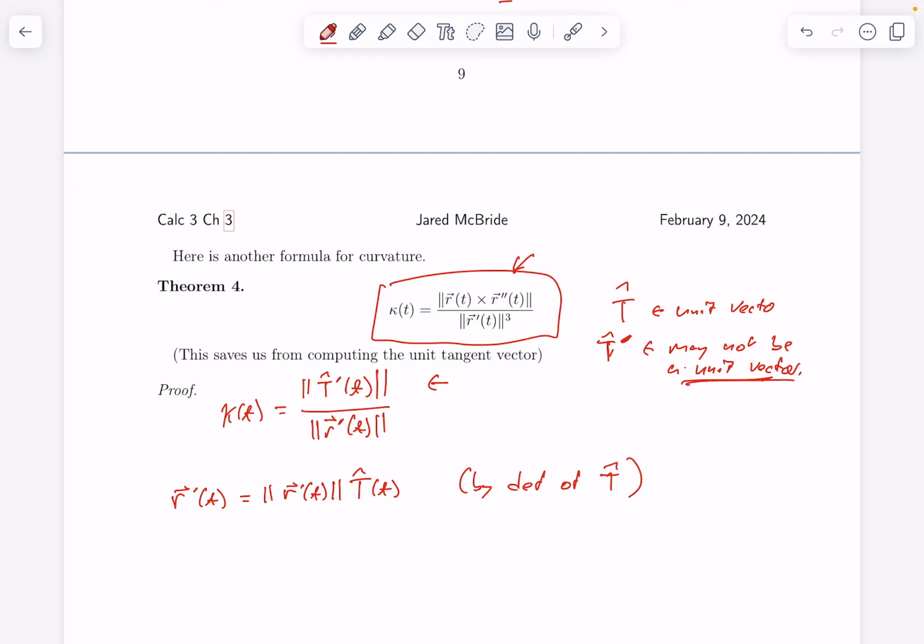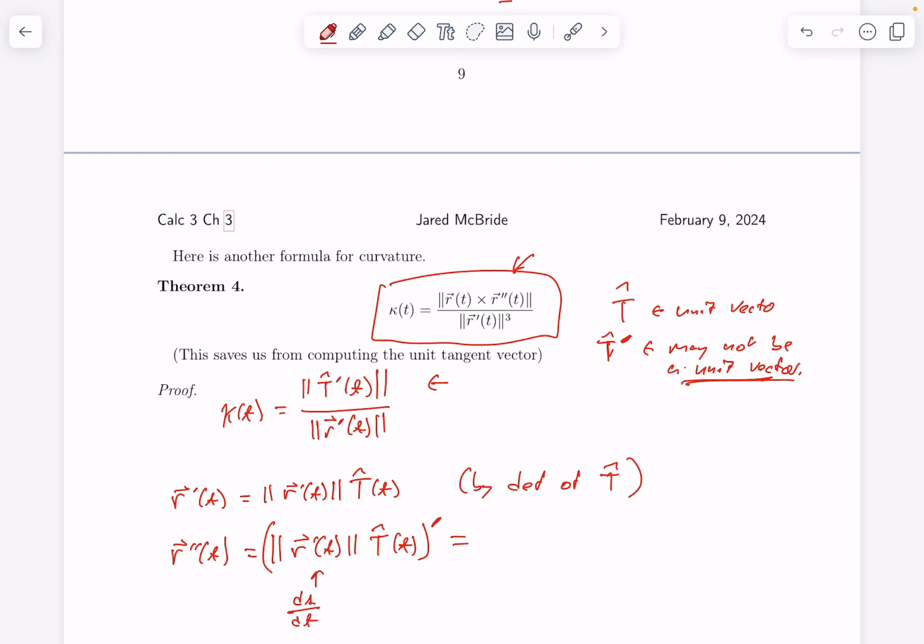And so what happens now if we take the derivative of that thing? So r double prime of t is going to equal this derivative, which equals, now remember though that this right here is the same thing as ds/dt.